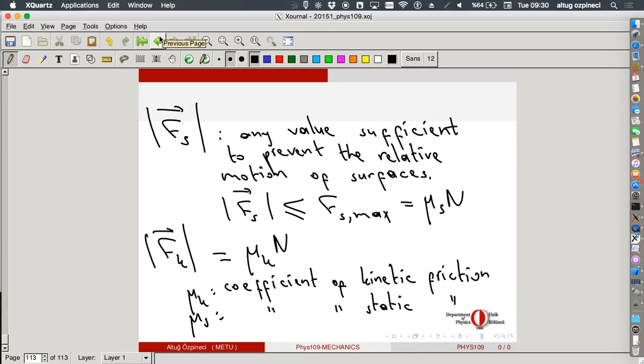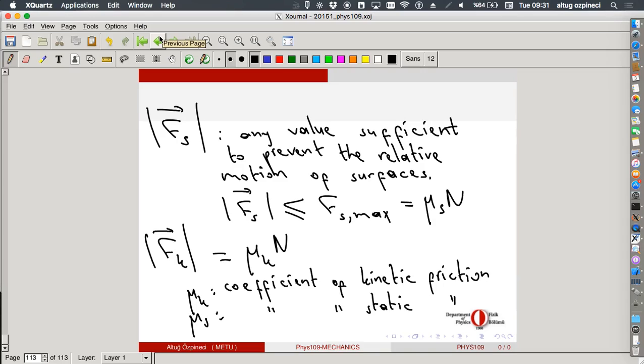But you can imagine more complicated objects where, when things start sliding, they get heated up, they can melt, so that even this kinetic coefficient of friction will change. But as I said, this is a very simplistic description of kinetic friction, which seems to hold quite well in quite general circumstances.